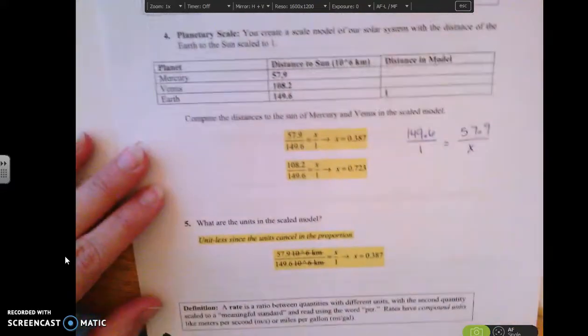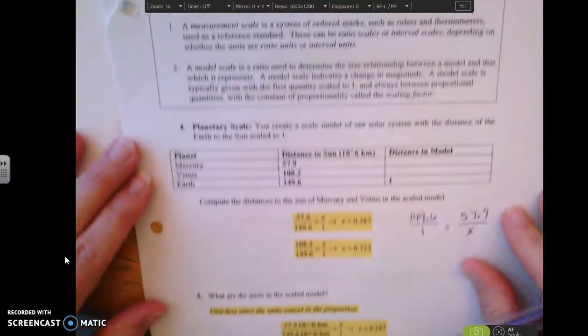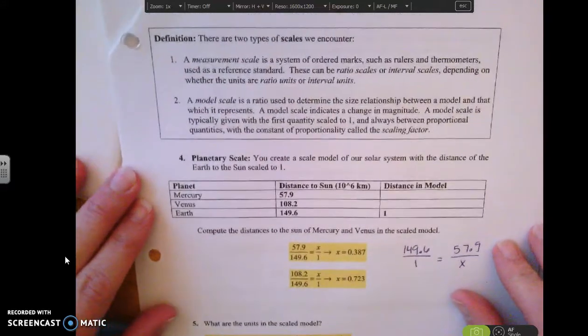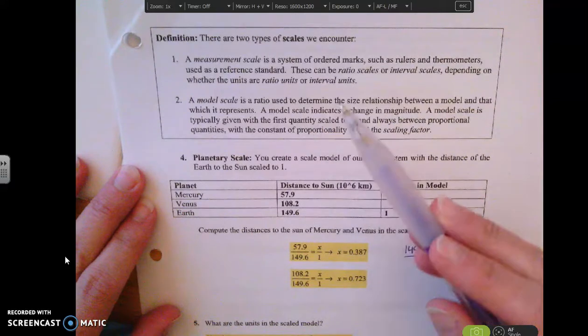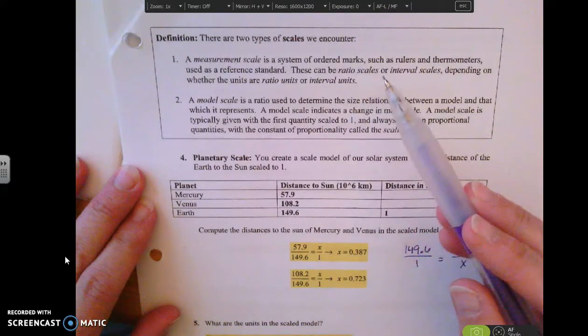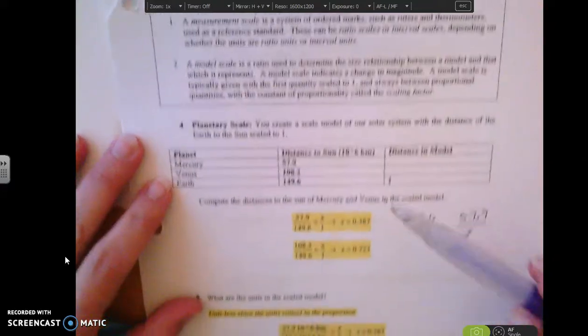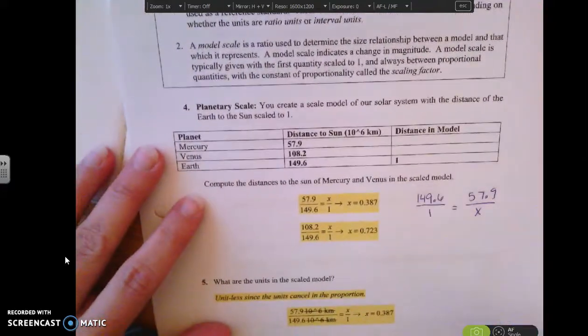Alright, so question number 4. So this time we're talking about scales. So there's different ways of doing things, like when you scale a model or you use different temperatures or something like that. So in this case we have a planetary scale.